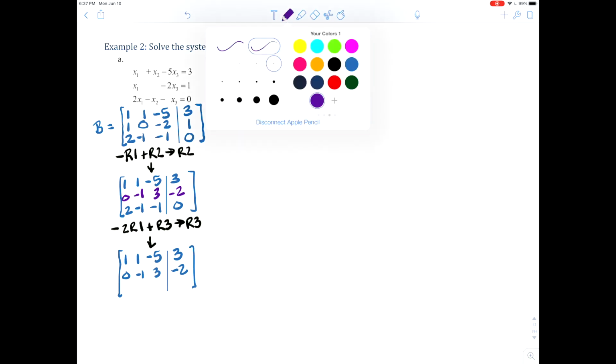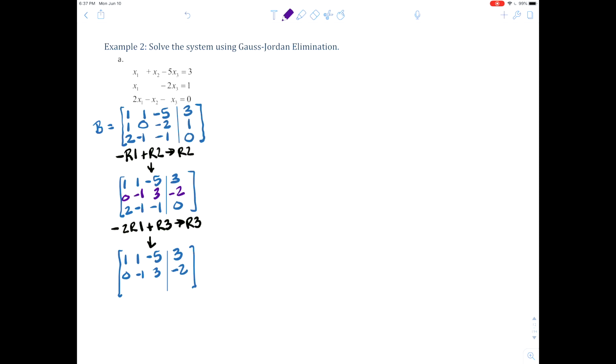If I multiply row 1 through by -2, we get -2 plus 2 is 0. -2 plus -1 is -3. -2 times -5 is +10. 10 plus -1 is 9. And then -6 plus 0 is -6. Cool?